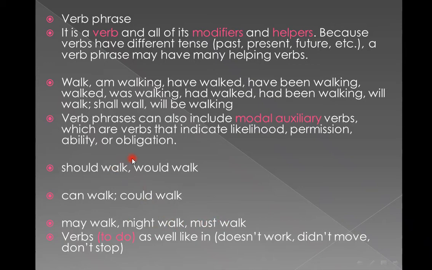All these are considered verb phrases as long as they are modifying the main verb itself and added to the main verb. As well, we have the verb to do. They are also considered within the verb phrase when they are found, as in doesn't work, didn't move, don't stop, and etc.